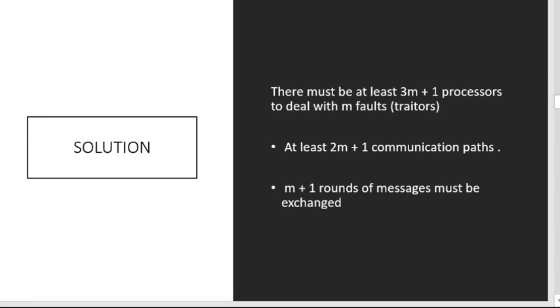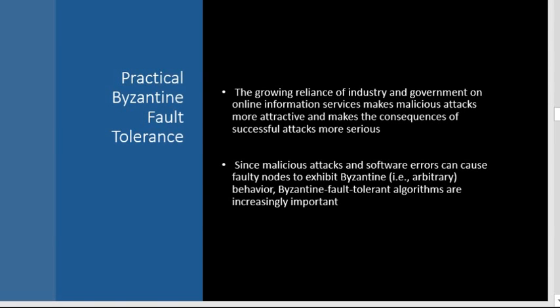Coming to the next slide, practical Byzantine fault tolerance. Due to growing technology, malicious attacks and software errors are increasingly common. Due to the growing reliance of industry and government on online information, cyber crimes also increase through fraud mails, and these are all considered malicious attacks.